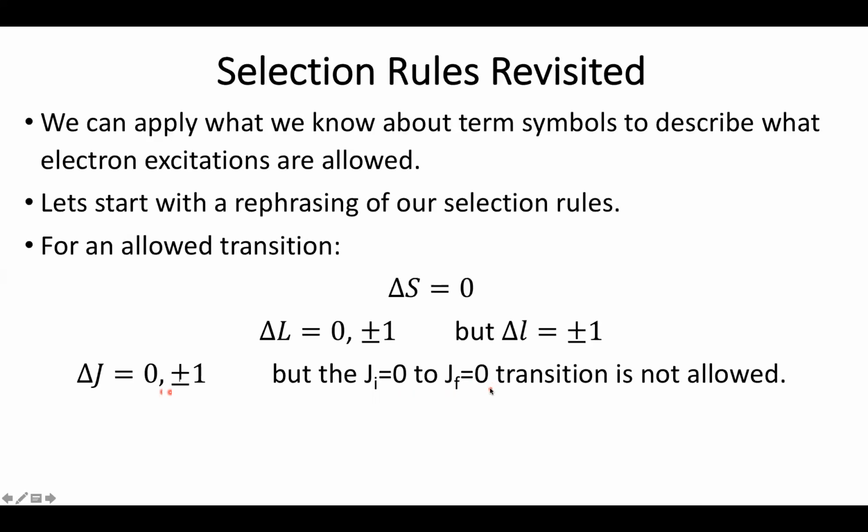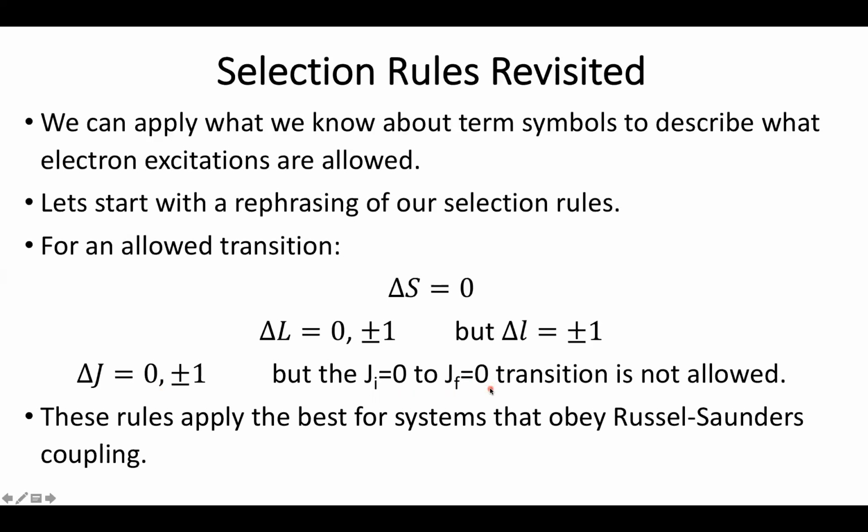And again, these rules will start breaking down for heavier atoms or molecular systems. So a way to think about this is that these rules tend to apply best for systems that obey Russell-Saunders coupling, where a lot of my interaction in between spin, orbit, and total are a little bit more straightforward.